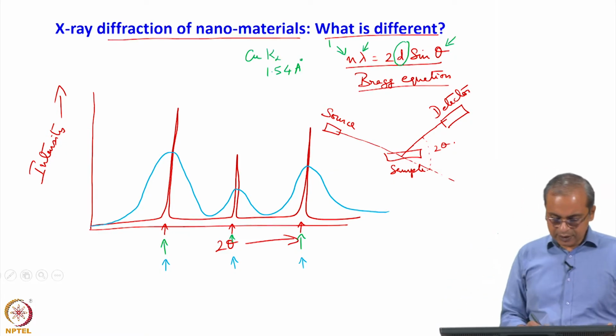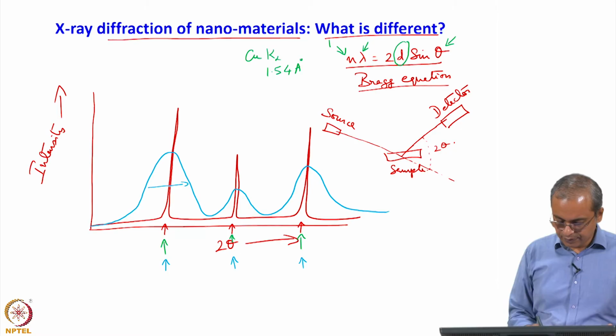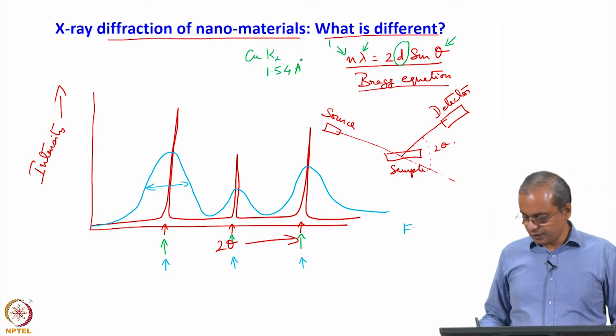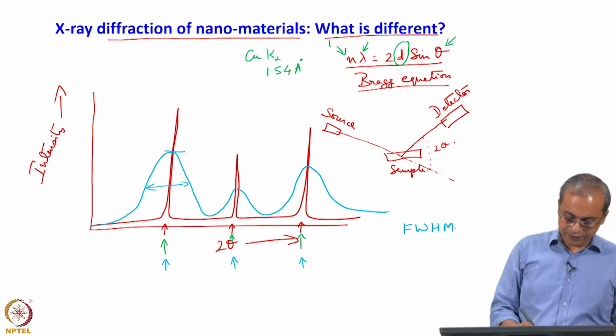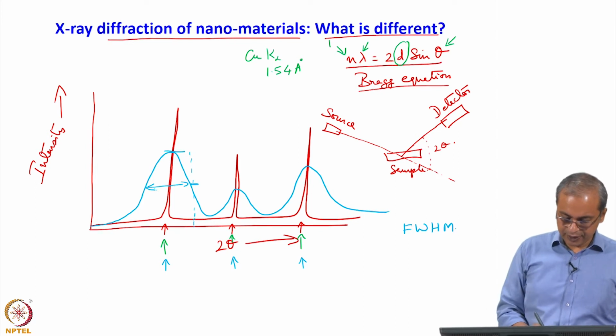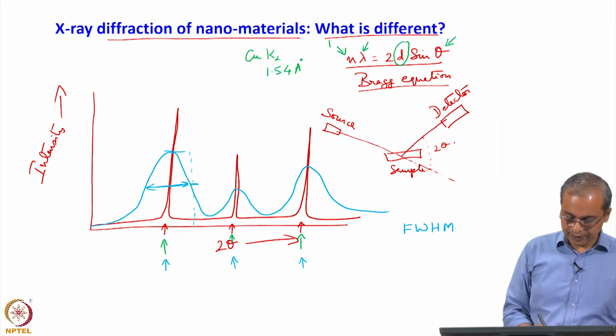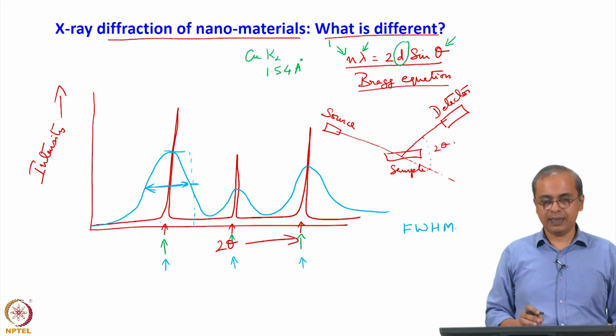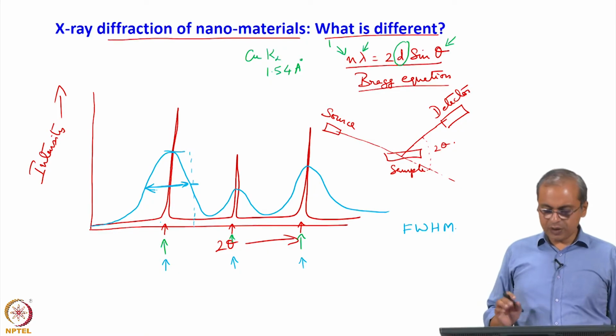This width is called full width at half maximum. This is the maximum of that peak, you take half of that maximum and you take the full width here at half maximum. This full width at half maximum is a significant value when you go to nanomaterials. So, this is what is different.